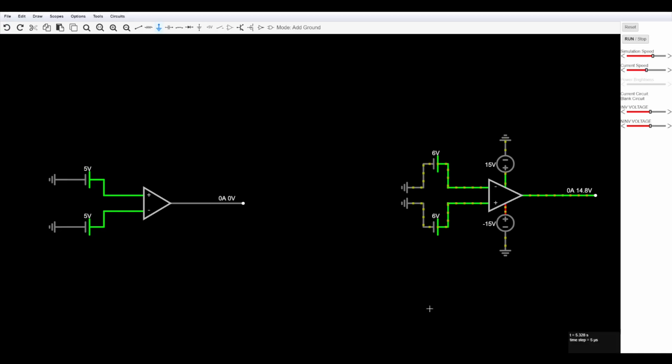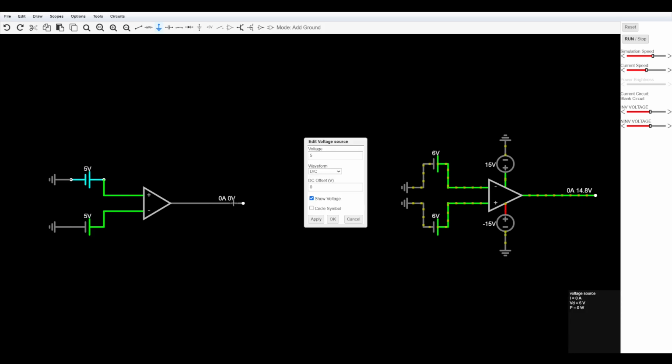All right, now looking at Falstad, we've got an ideal op amp right here on the right. And again, the voltage is the same, so the output is 0. Well, let's increase the non-inverting. Okay, it goes positive. Let's decrease it, goes negative. Pretty simple, just like in EveryCircuit.